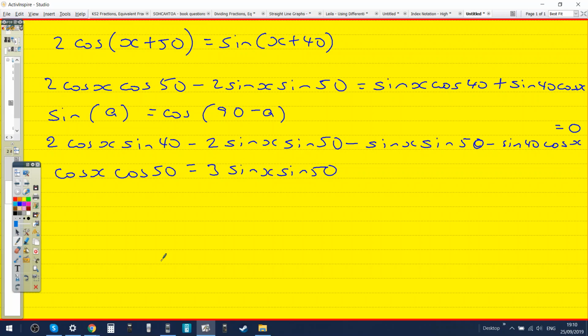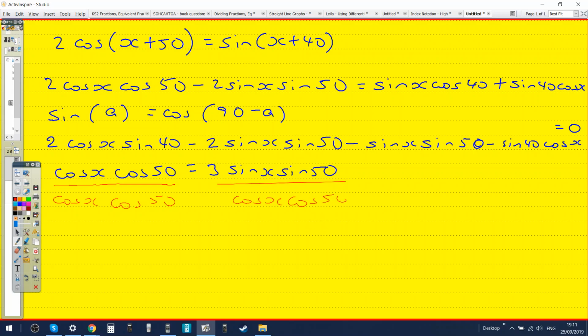And from here, my working seems to have ceased. What would happen if you divided both sides by cos x cos 50? Okay.